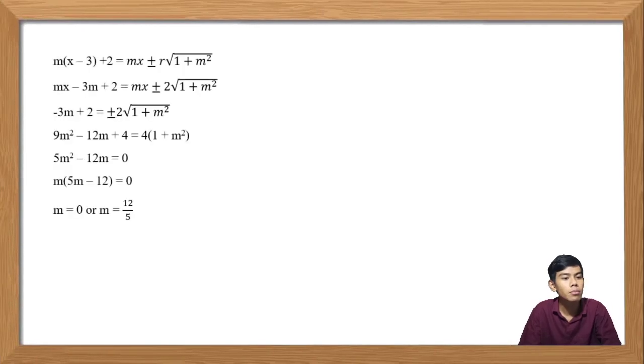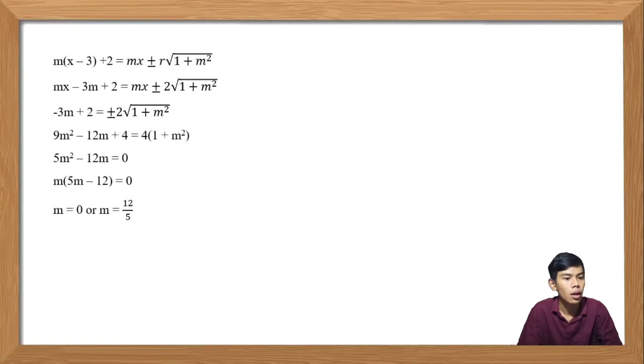So m times (x minus 3) plus 2 equals mx plus or minus r times square root of 1 plus m squared. So mx minus 3m plus 2 equals mx plus or minus 2 times square root of 1 plus m squared. And then minus 3m plus 2 equals plus or minus 2 times square root of 1 plus m squared.